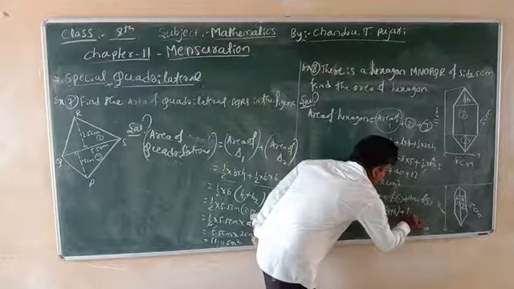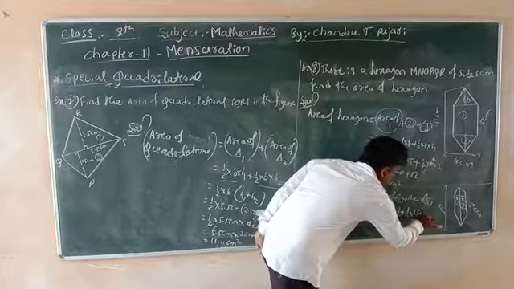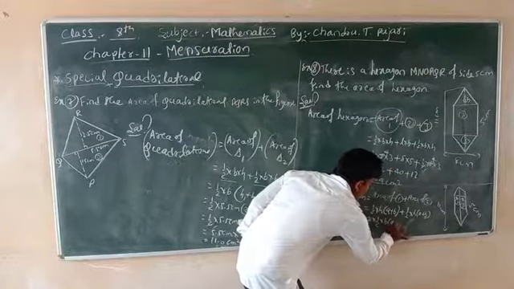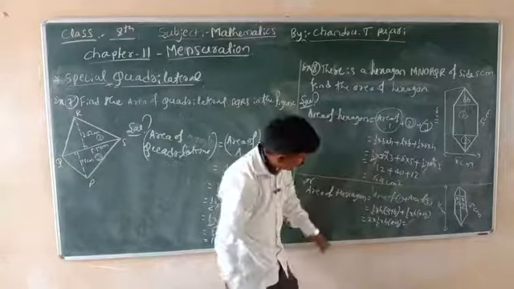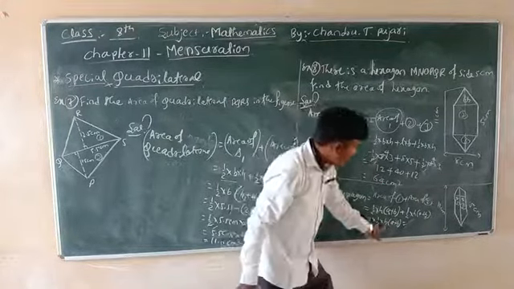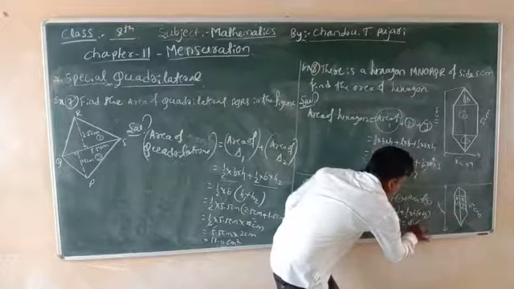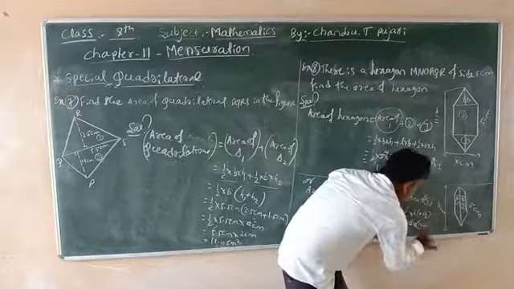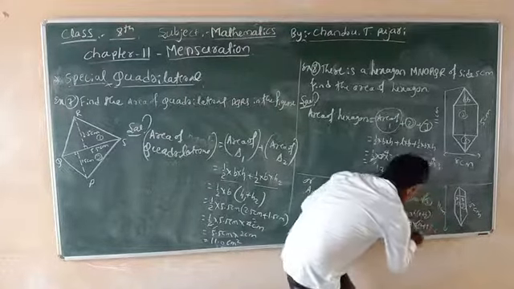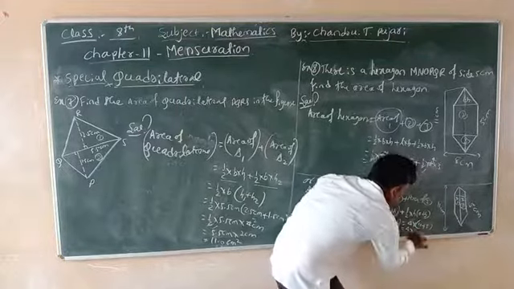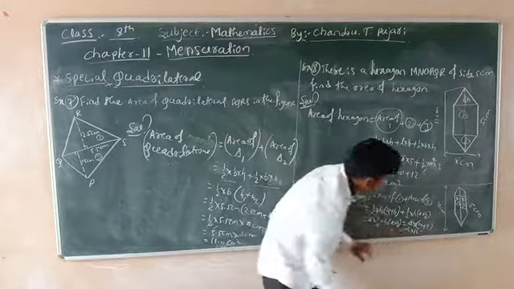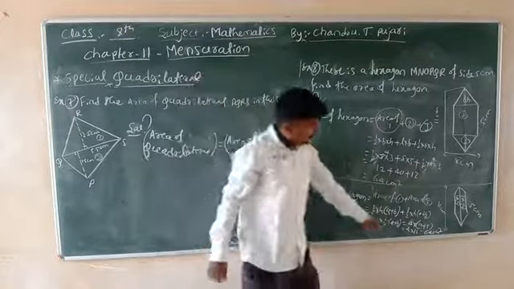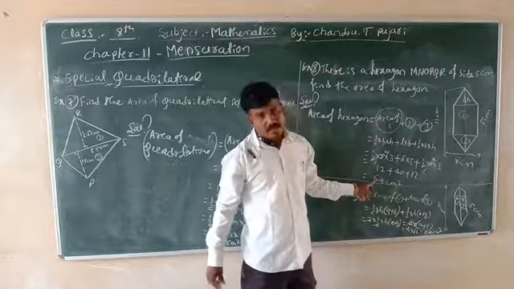So 2 into 1 by 2 into h into a plus b. Simplification: the 2s cancel. h is 4 centimeters, into one side 11 plus another side 5. Therefore 4 into 16 is 64 centimeters square. Again 64 centimeters square.